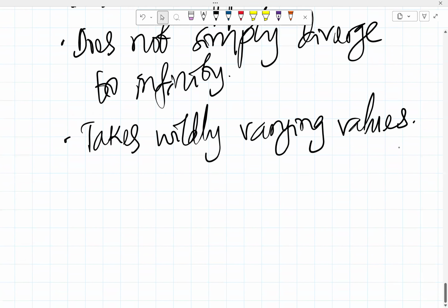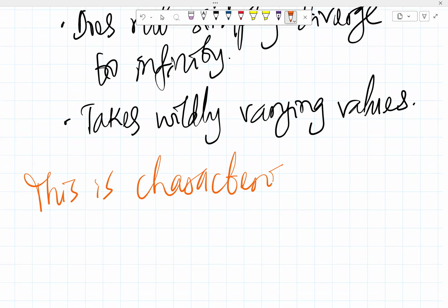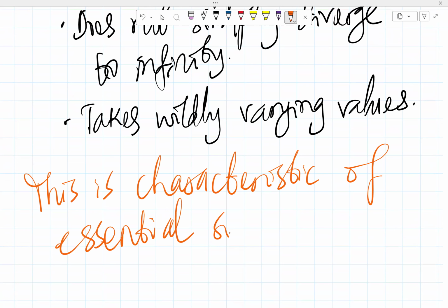So then we can conclude that this is characteristic of essential singularities. And with that, we come to the end of all of that.